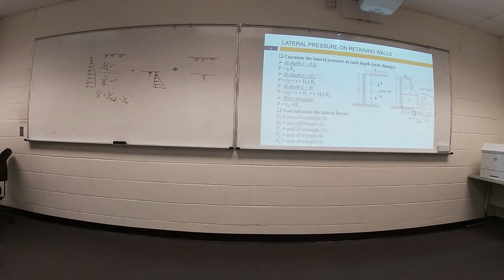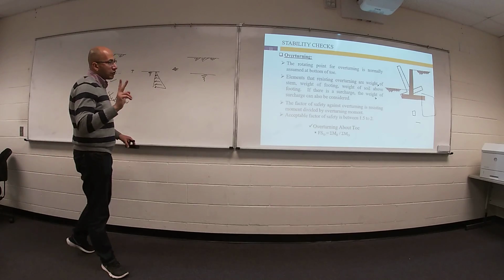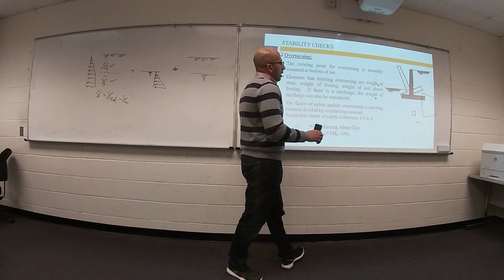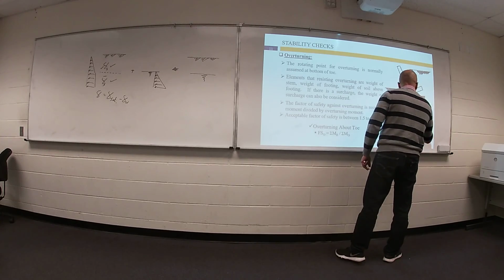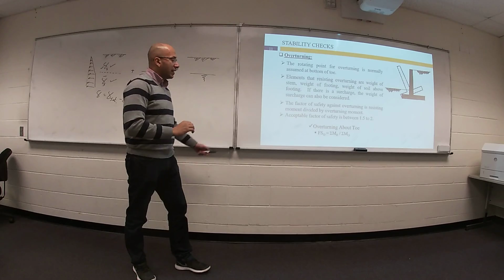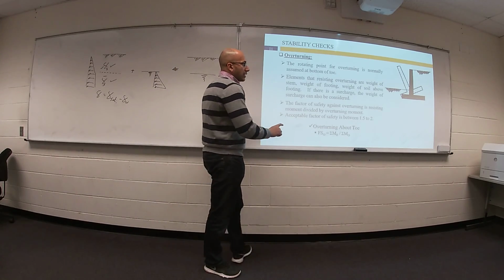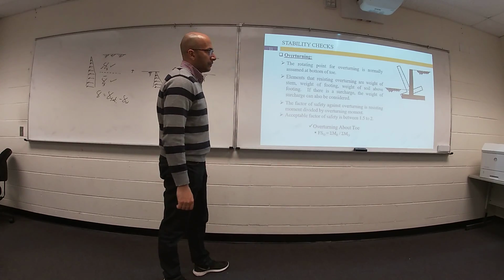Last time, we talked about stability of the retaining wall. We have two types of stability. Overturning stability: if you are looking to calculate the factor of safety against overturning, your factor of safety equals resisting moment divided by overturning moment.